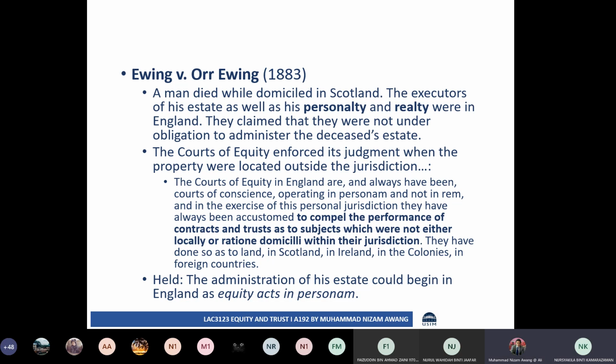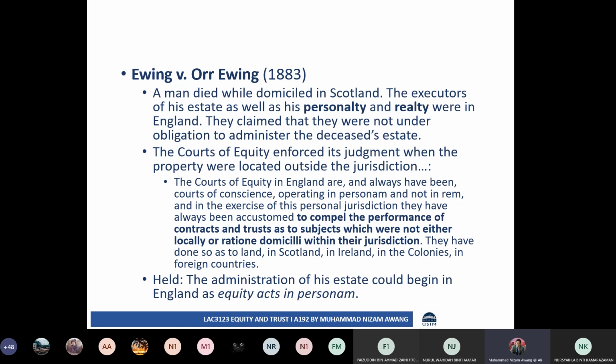Only the deceased was domiciled in Scotland, but the majority of the property was located in England. The executors were also based in England. So the question in this case: can the Court of Chancery in England have the jurisdiction to enforce the trust which is based in Scotland?